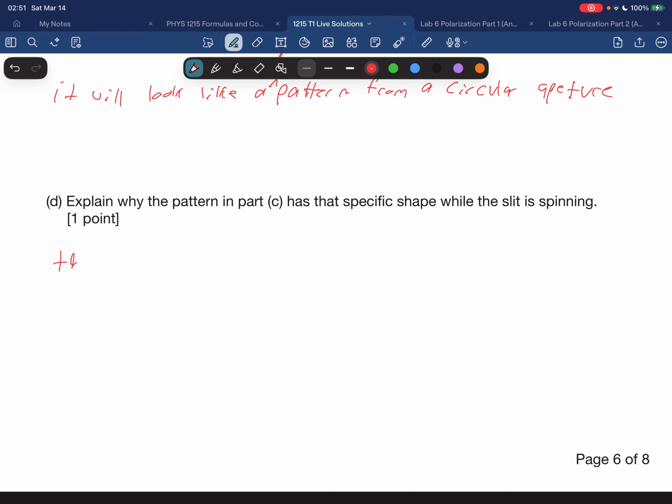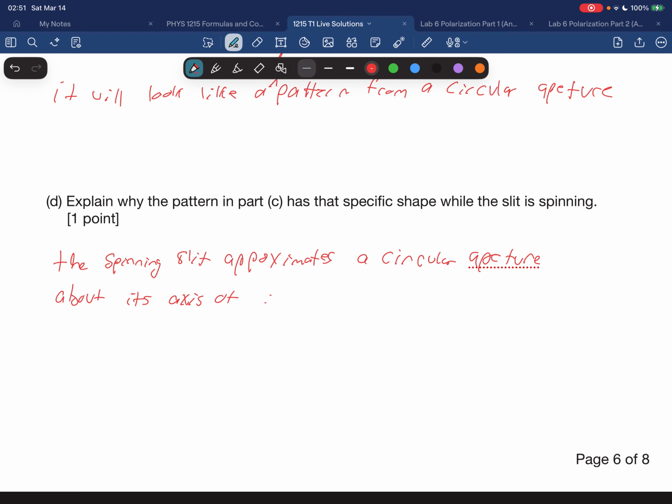So the spinning slit approximates a circular aperture about its axis of rotation.